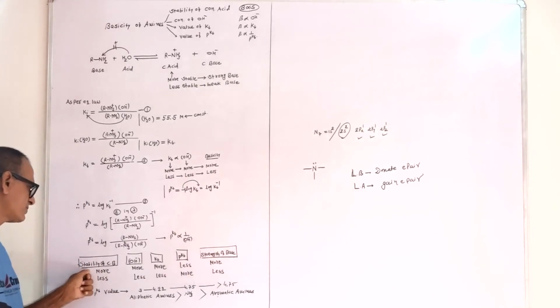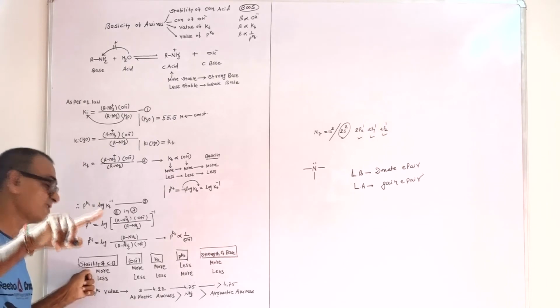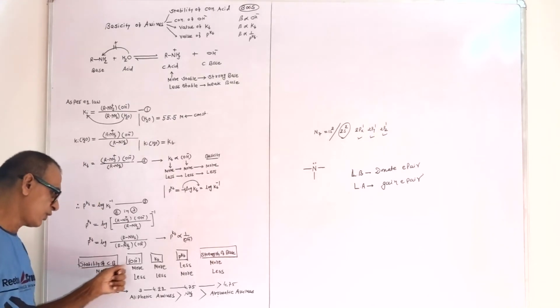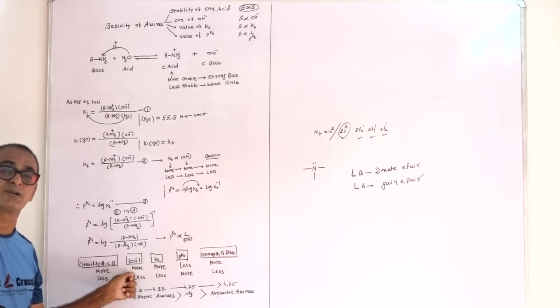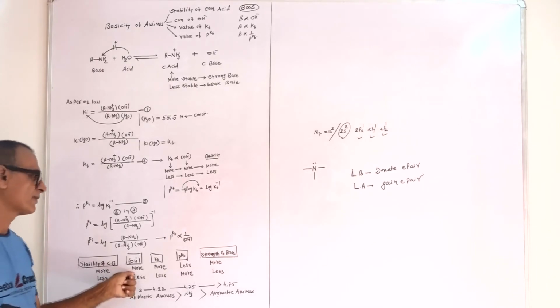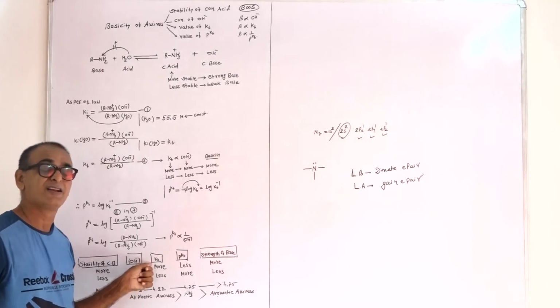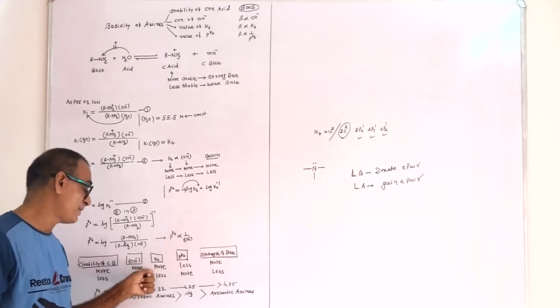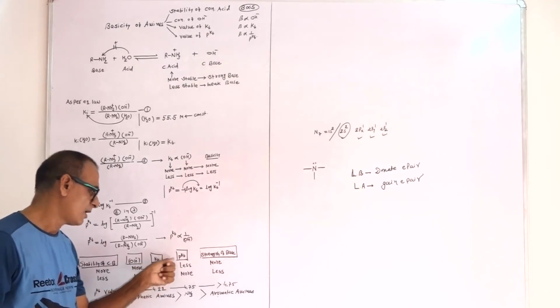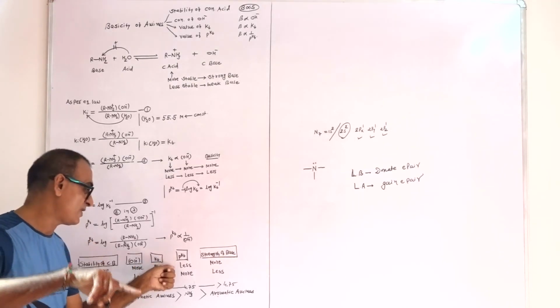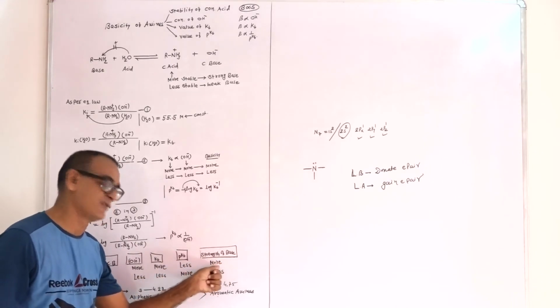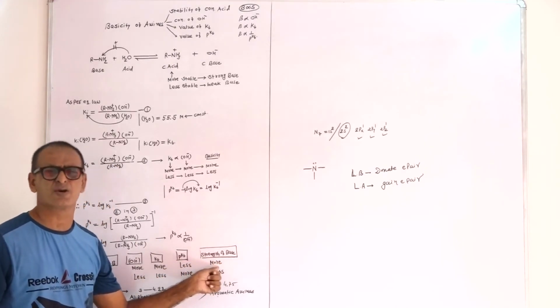Yes, if the stability of conjugated acid is more, OH ion concentration is more, ionization constant will be more, and pKb value less, strength of base will be more. Means you can say strong base.